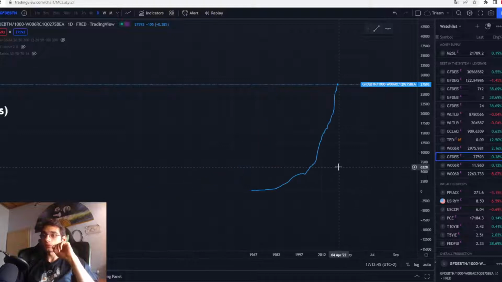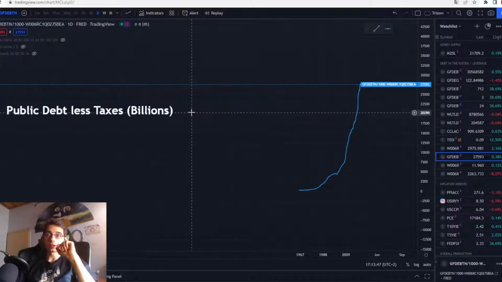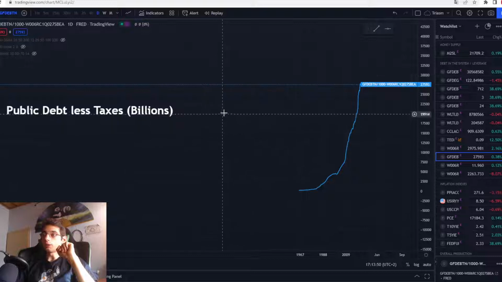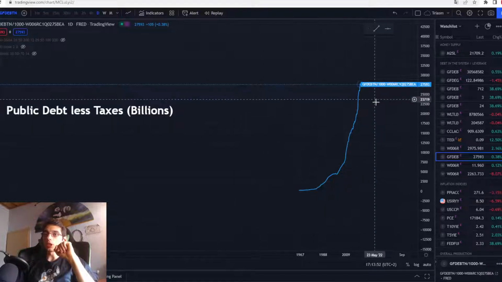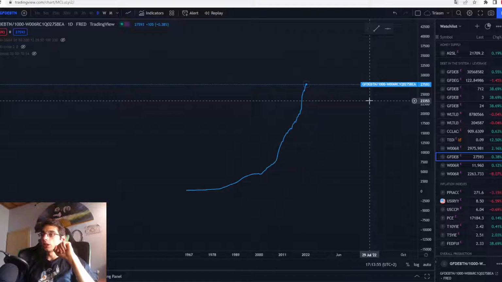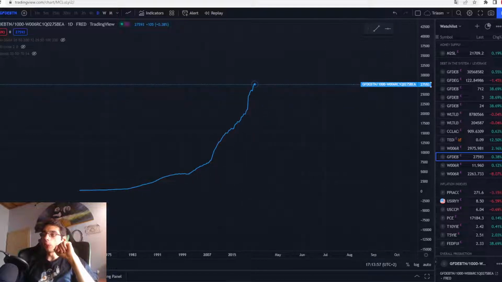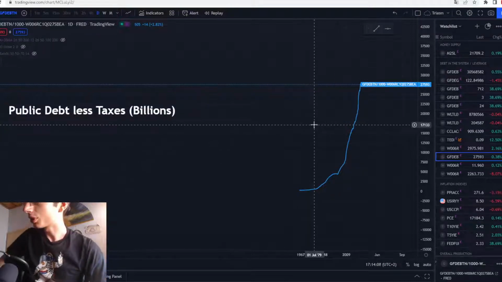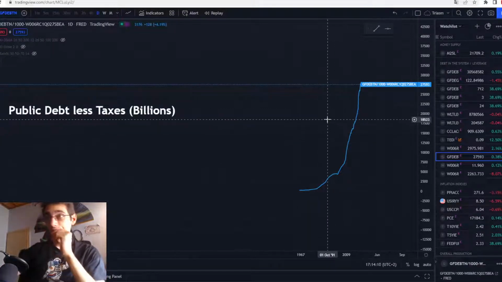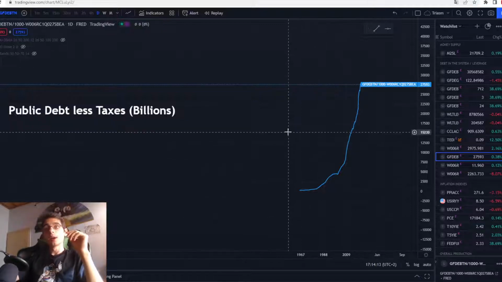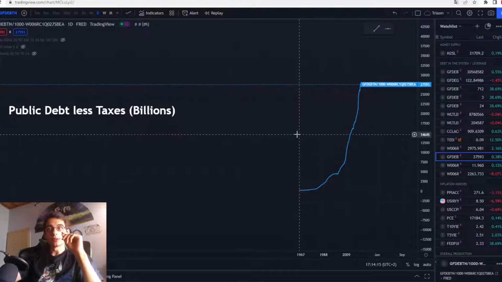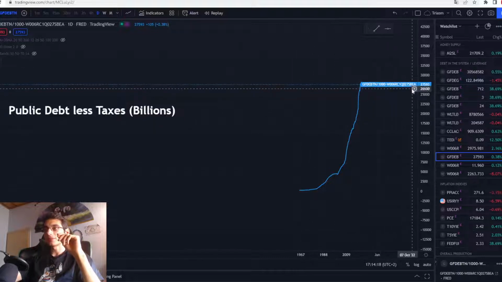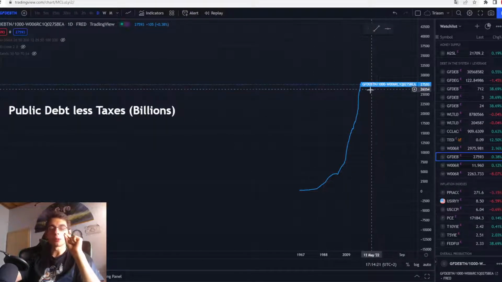We are just saying this is the public debt versus the taxes, in billions. So you see, if you take the taxes out, we get to a point where we have 27 trillion of public debt, and the taxes are just a tiny amount of the public debt.